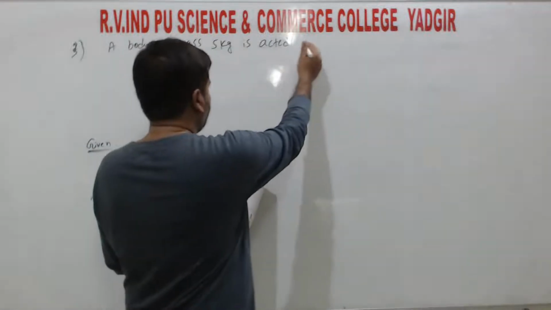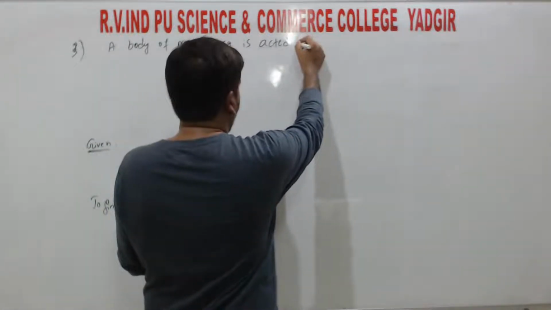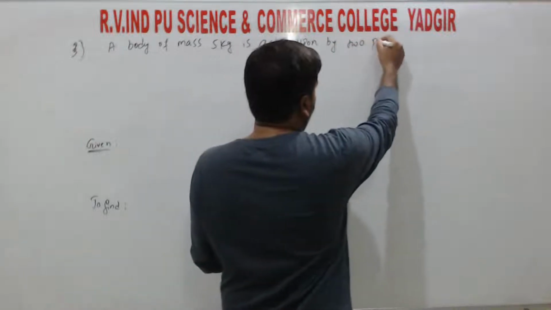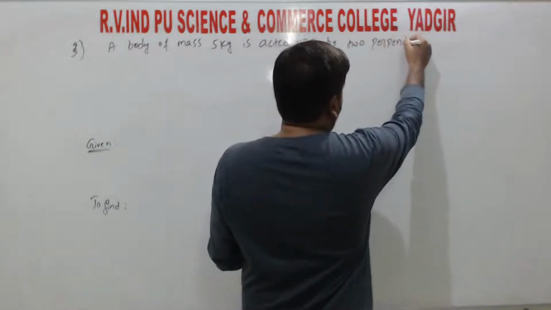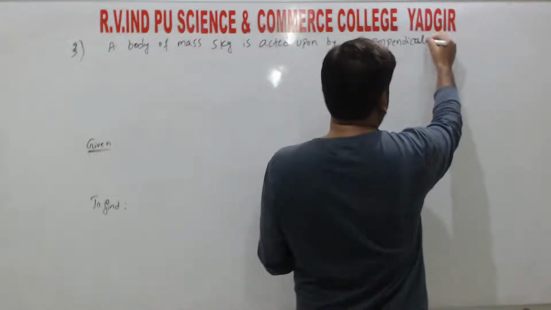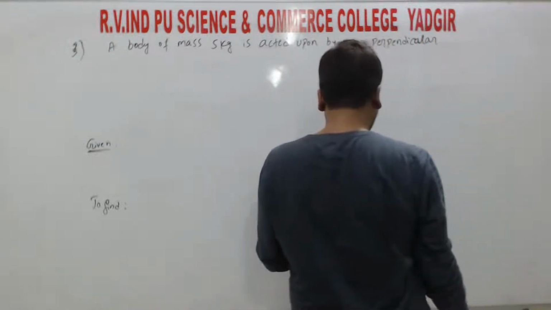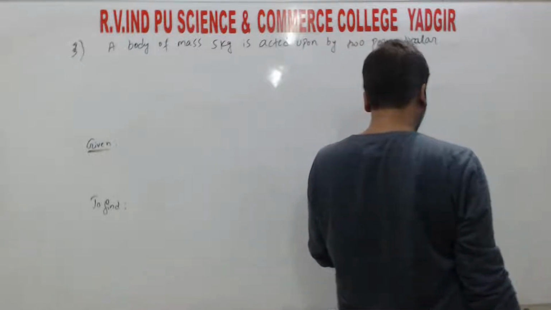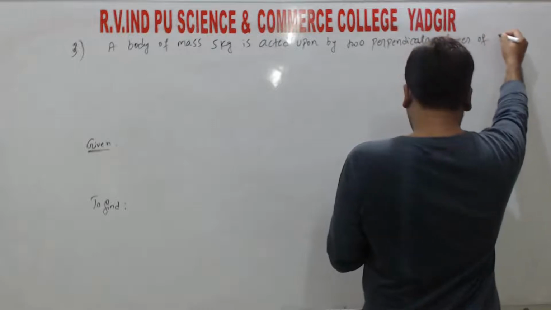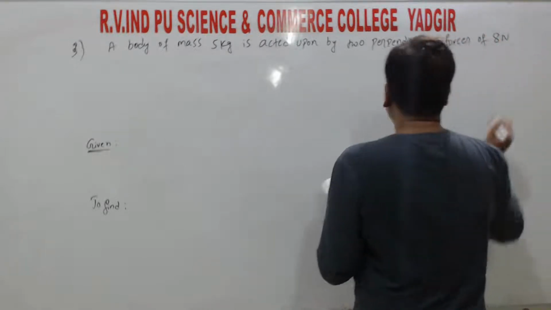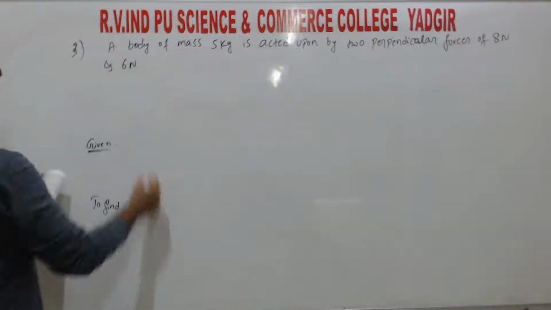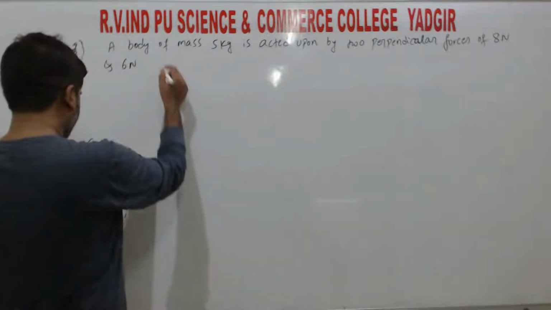So a body of mass 5 kg is acted upon by two perpendicular forces of 8 Newton and 6 Newton.